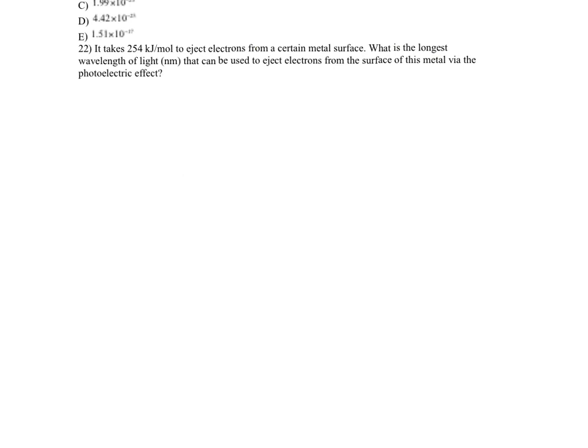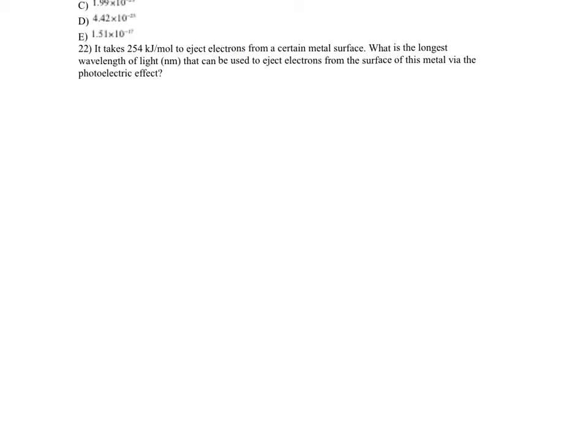So zooming in here to look at problem number 22, this is a multi-step problem, so I want to give you some hints on how to deal with it. It says it takes 254 kilojoules per mole to eject electrons from a certain metal surface. You might remember, I hope you've played around with that animation about the photoelectric effect. I know it's been a while since we've seen it, but when you play around with that, you can see, depending on what metal you choose, it takes more or less energy to eject the electrons from the surface.